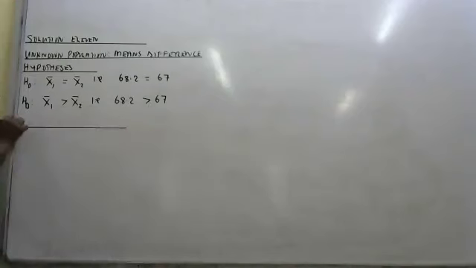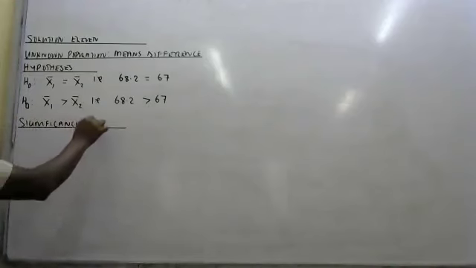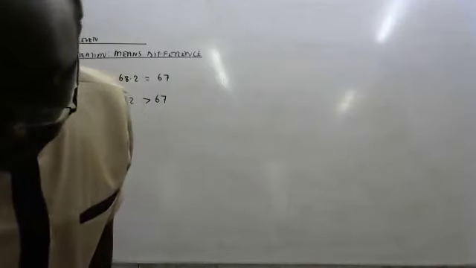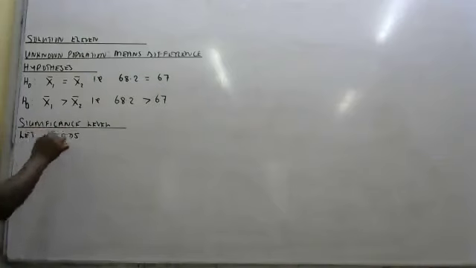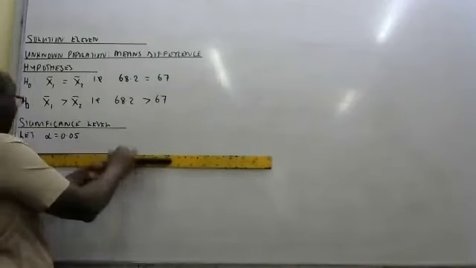Significance level. The question again has not mentioned, so we continue assuming that alpha is 0.05. The next thing is called test statistic.